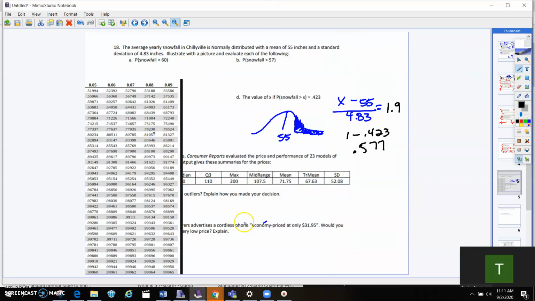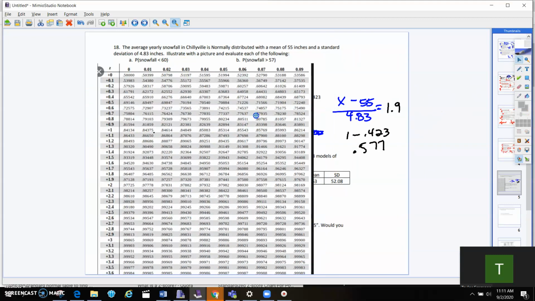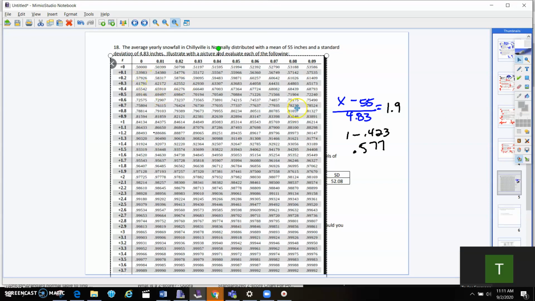Yeah, so let's look at our table again. And so roughly we've got 0.577. Where that falls is in that 0.18 value. So when I go in here, I'm going to multiply 0.18 by this 4.83.